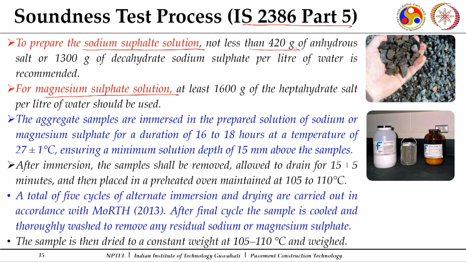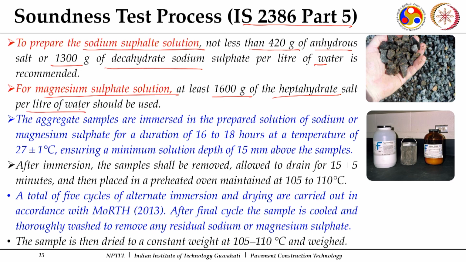For a good amount of salt crystal formation, you take at least 420 gram of anhydrous salt or 1300 gram of decahydrate sodium sulfate per liter of water. For magnesium sulfate solution, at least 1600 gram of heptahydrate salt is to be taken per liter of water.